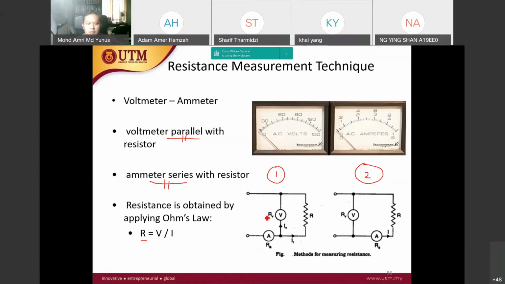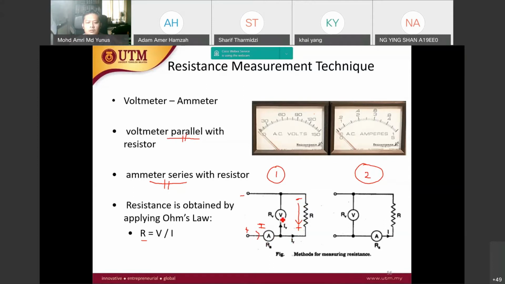It seems like current is positive, negative, positive, negative. Then the ammeter will measure the I from the main source, where I is equal to IV plus IR.